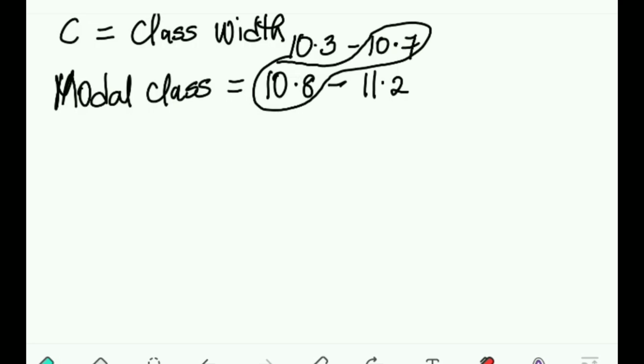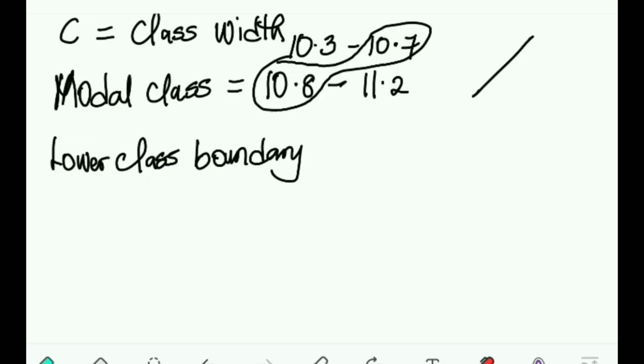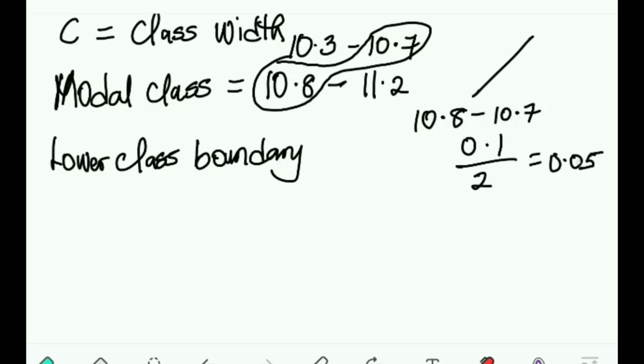Let's adopt this diagonal principle. What is the difference between 10.8 and 10.7? 10.8 minus 10.7 is going to give us 0.1. So divide the difference by 2. You're going to get 0.05.